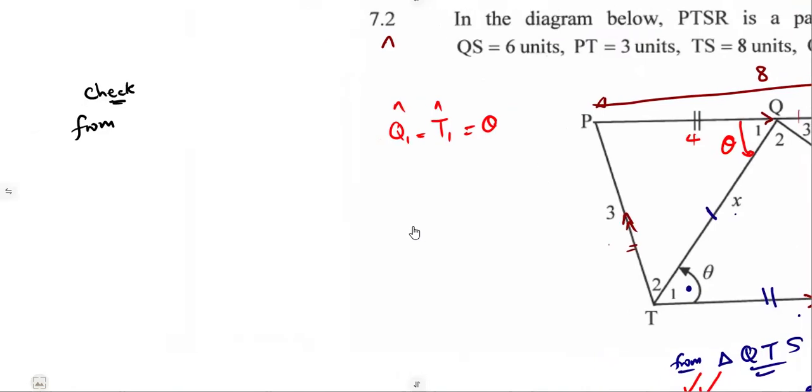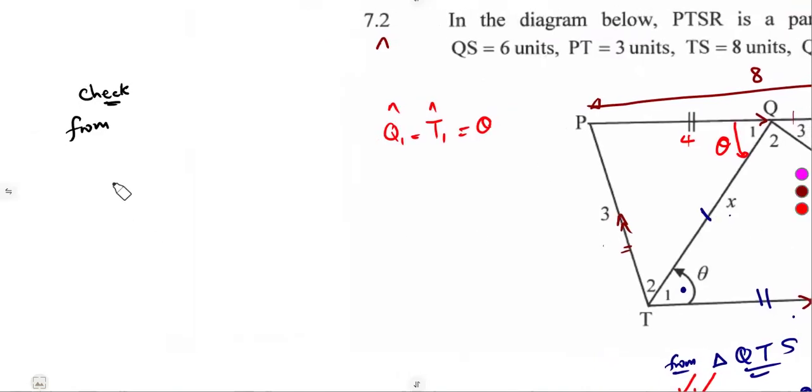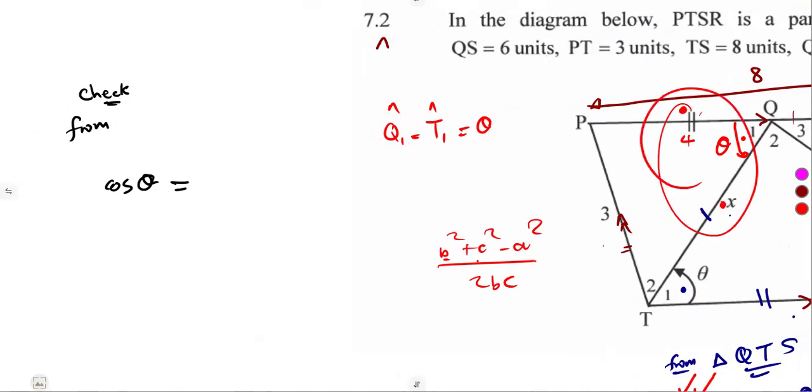So like I said, the cos of theta will be equal to, in this case, working with this theta, from the formula b squared plus c squared minus a squared over 2bc, where b and c are the sides creating angle theta.